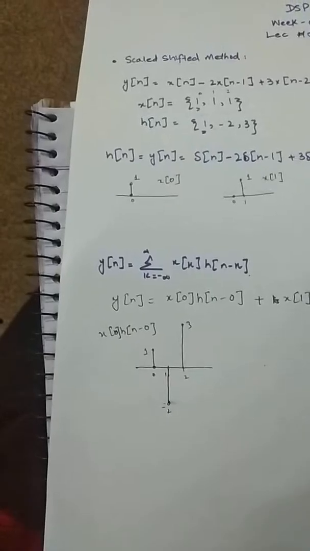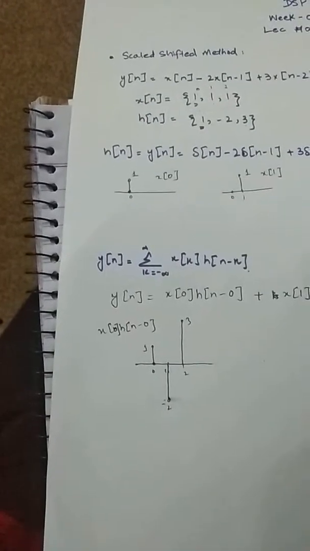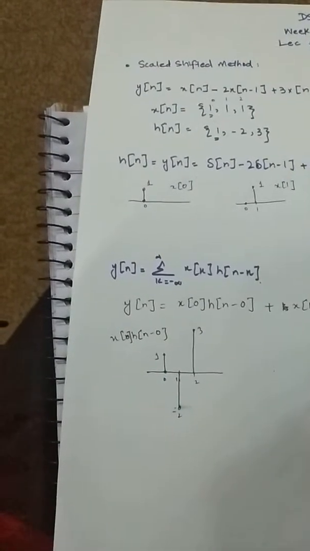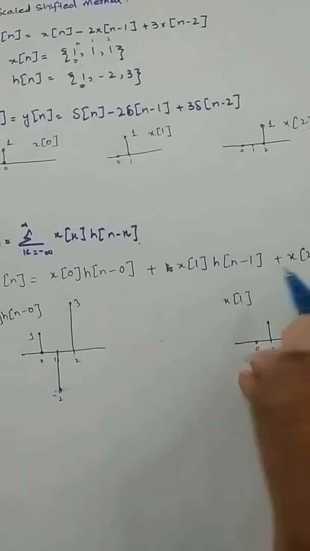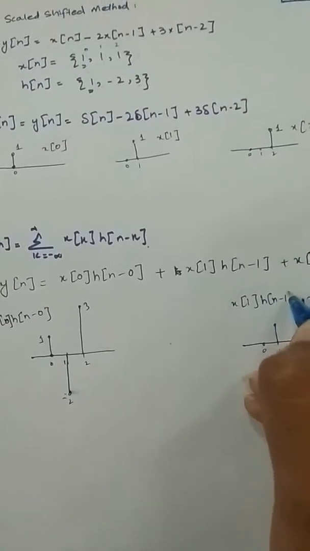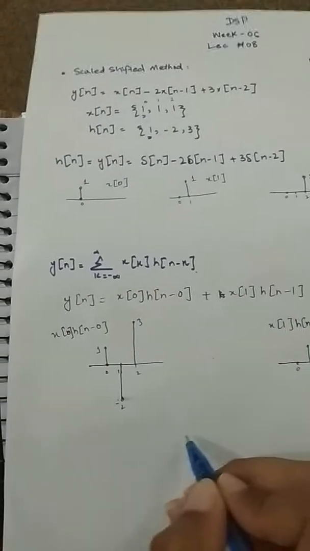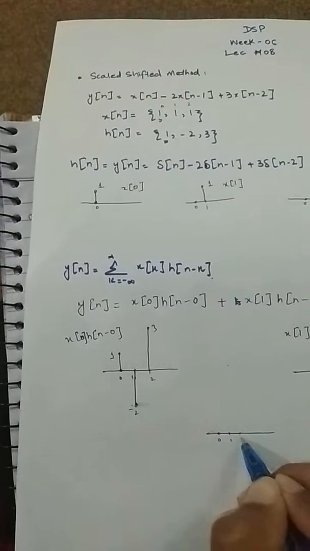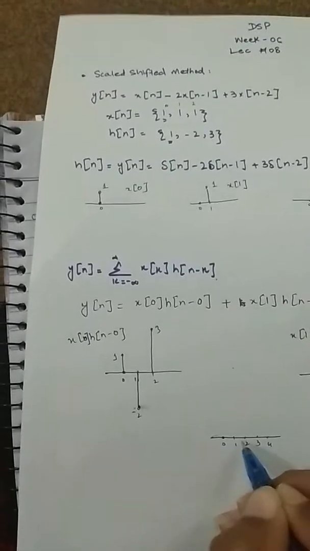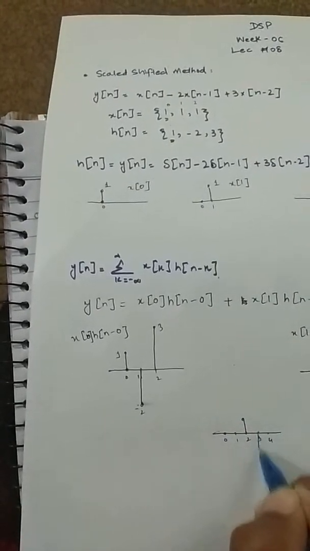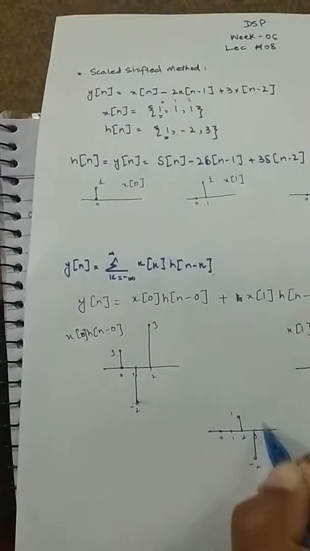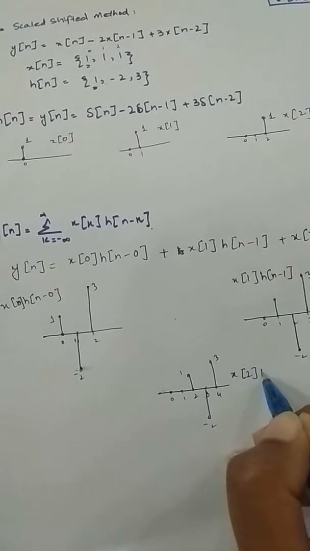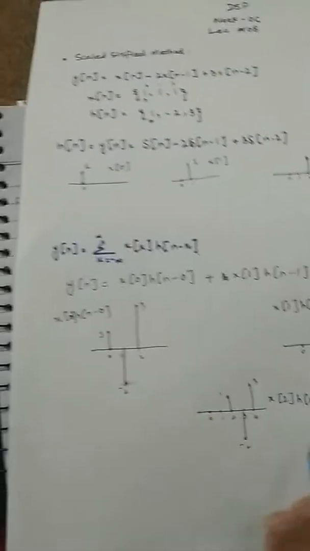It will be 1, minus 2, and 3. So the value will be x of 1 and h of n minus 1. And the third one I will plot 0, 1, 2, 3, 4, and it will be 1, minus 2 and 3. It will be x of 2 and h of n minus 2.